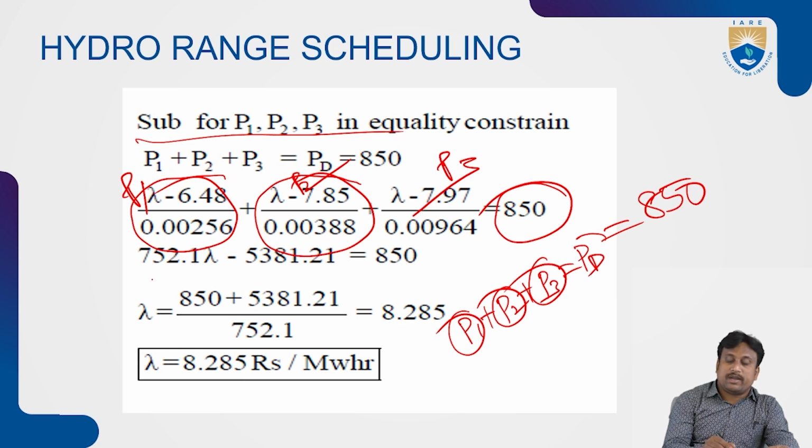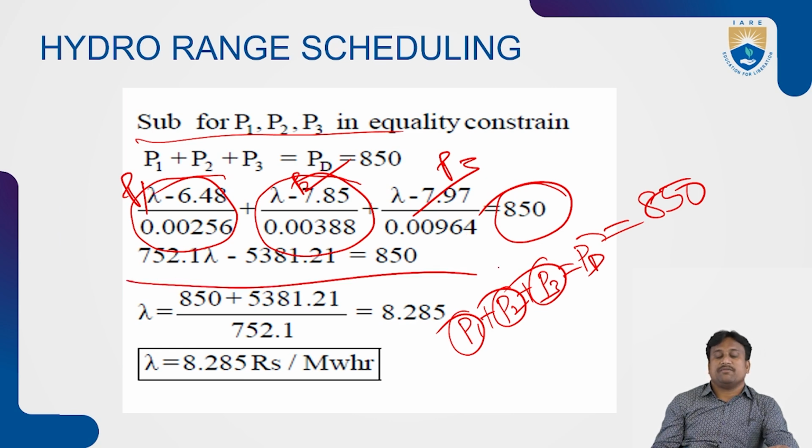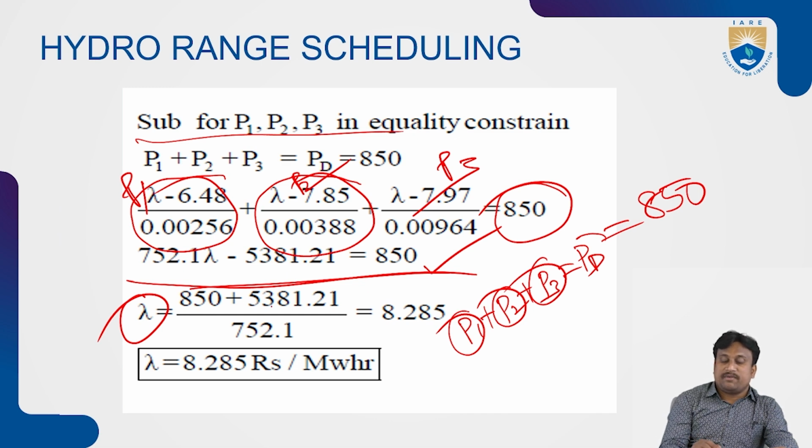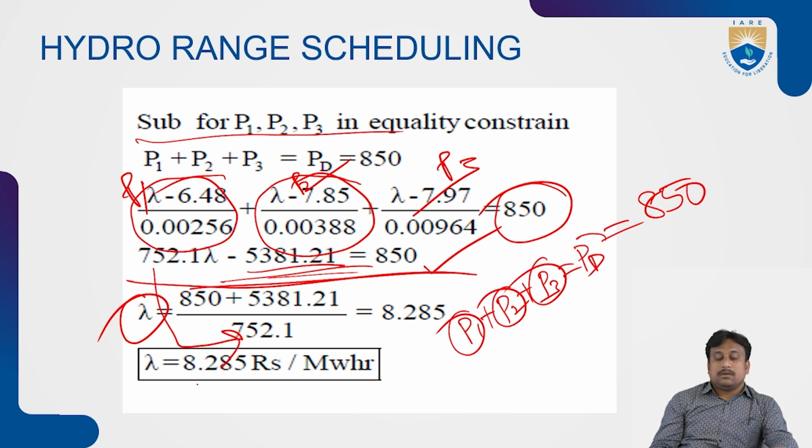So this is equivalent to 752.1 lambda minus 5381.21, which gives a total value of 850. This expression can be simplified by solving for lambda. Then it becomes 850 plus 5381.21 divided by 752.1, that is 8.285.